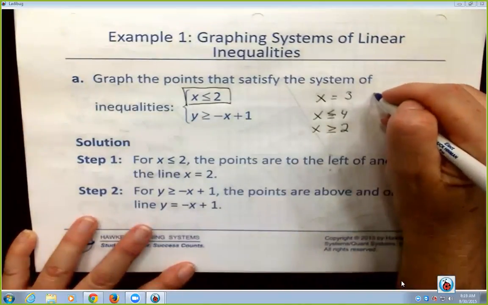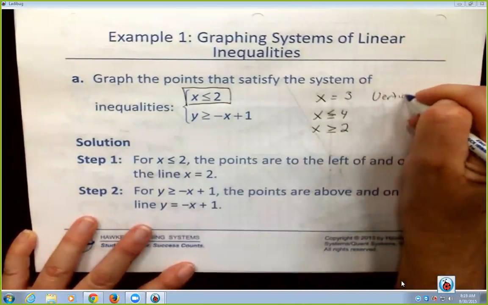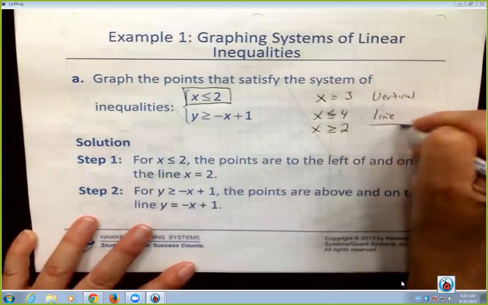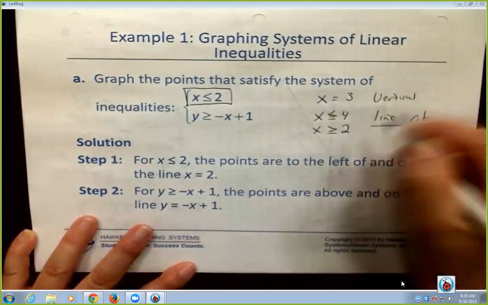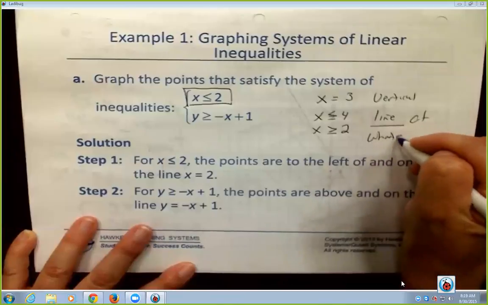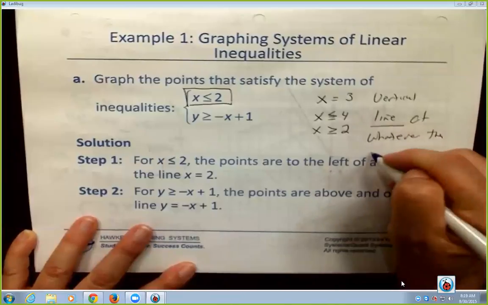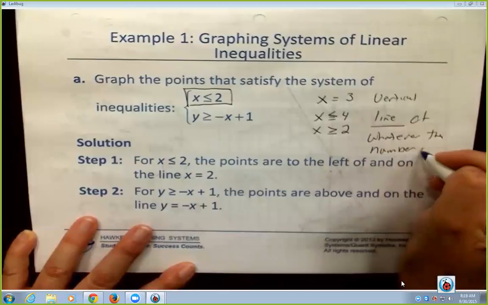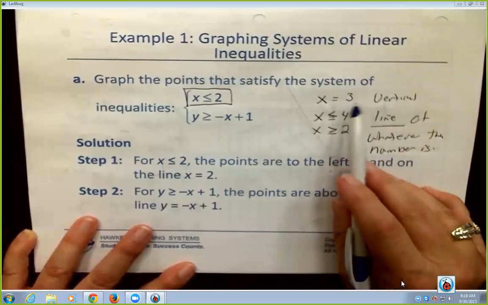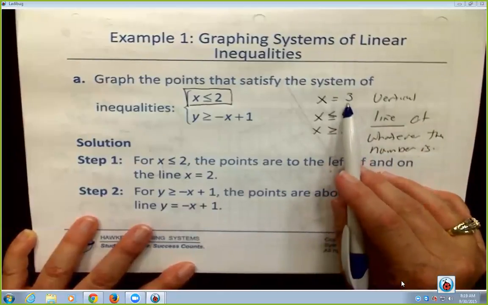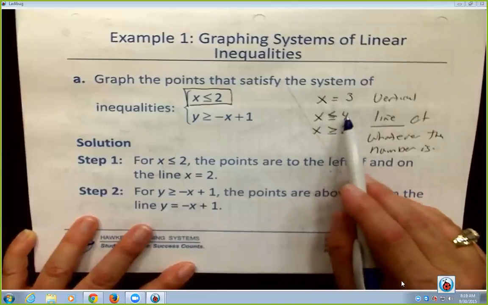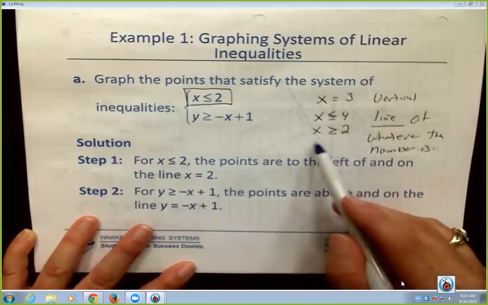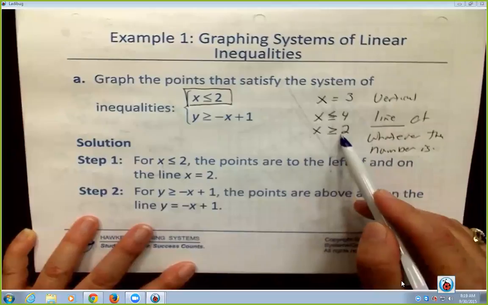So this will yield a vertical line, always, at whatever the number is. In this case, it's going to be a vertical line at 3. In this case, a vertical line at 4. And in this case, a vertical line at 2.